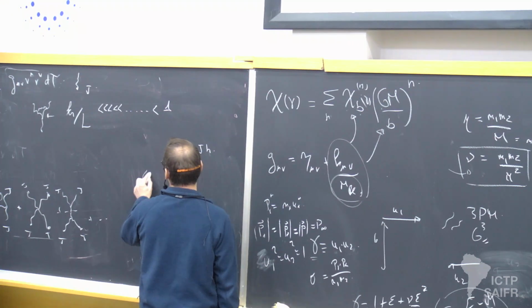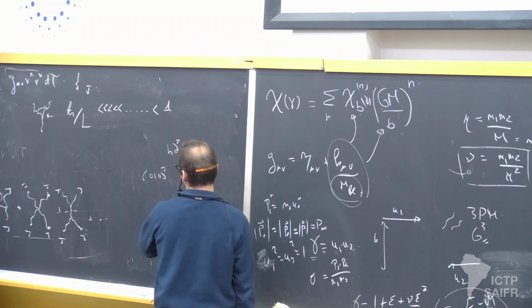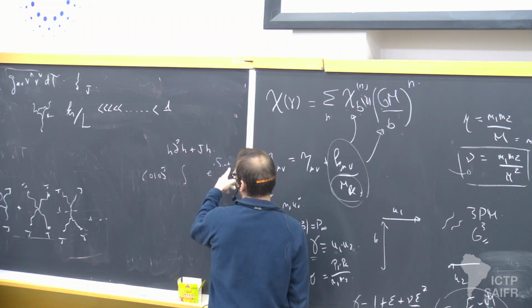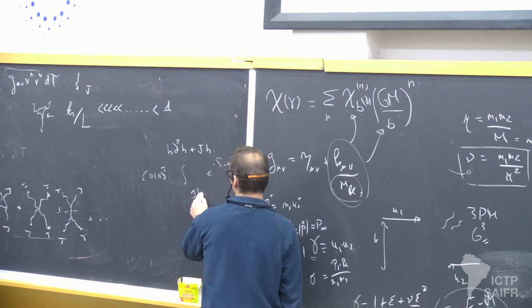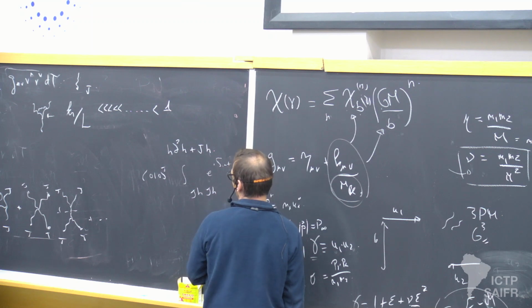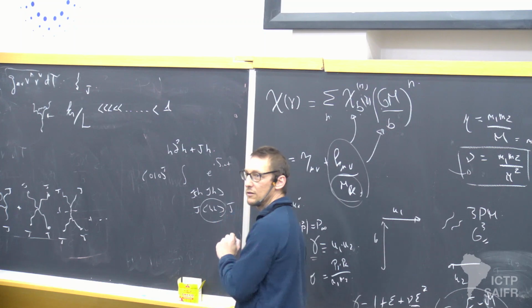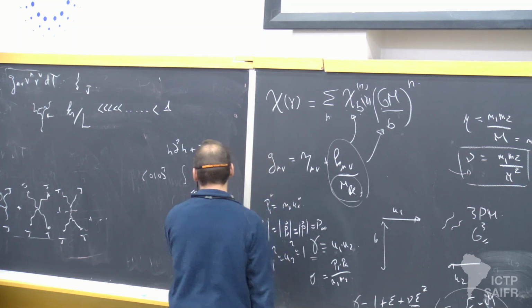And then vacuum, but in the presence of the source, is the interaction part. And then you bring this down, then you get J h, and then contracted with the propagator, h h. So that gives you the propagator, J J, and that's what we're calculating, right? Good.